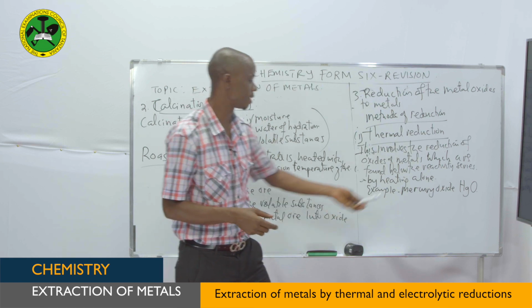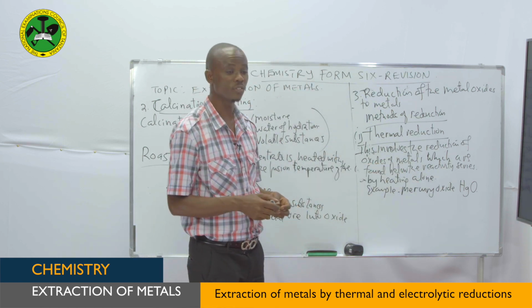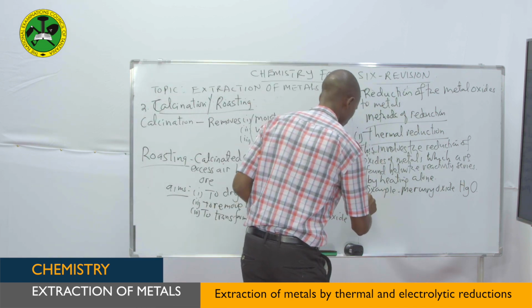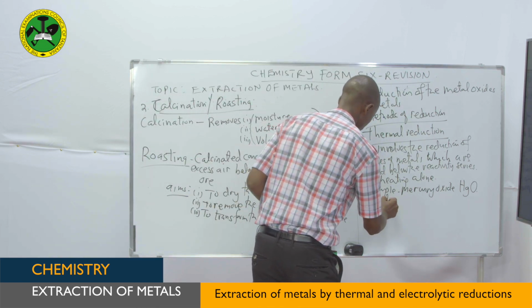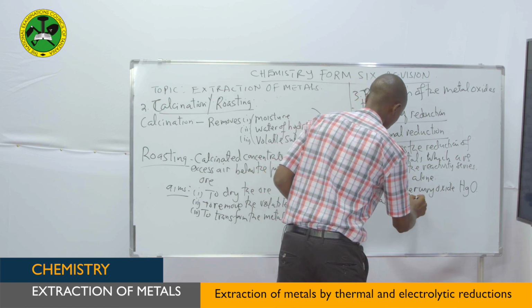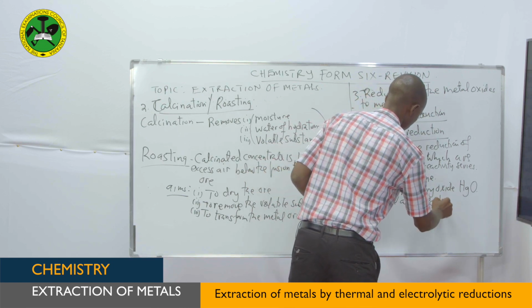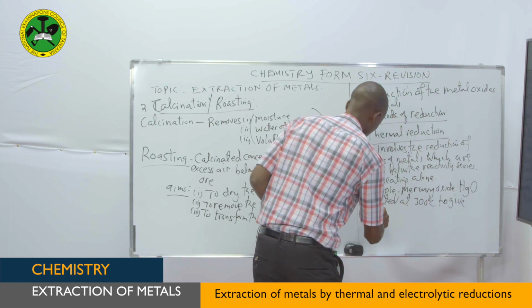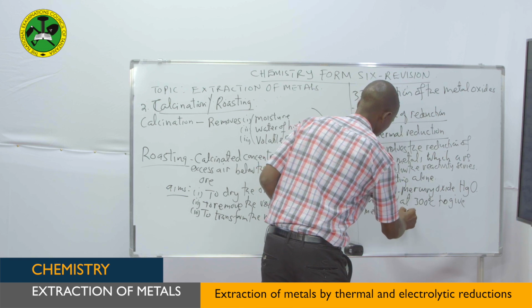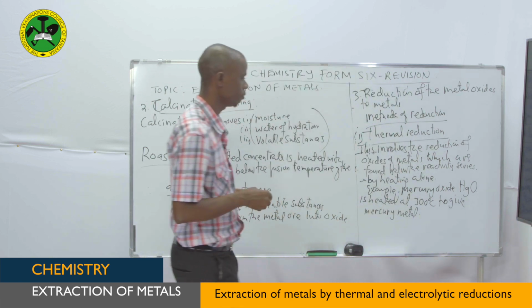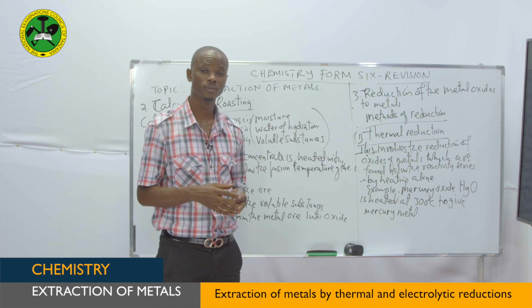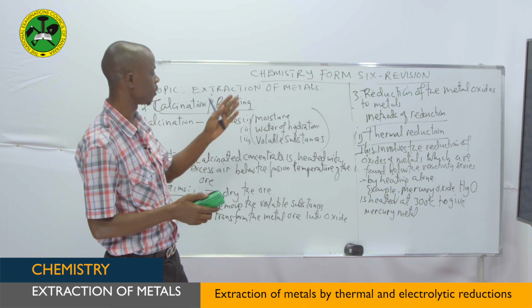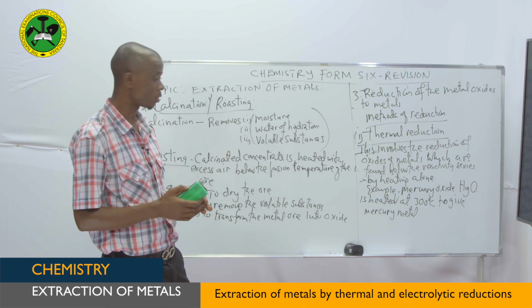When mercury oxide is heated at 300 degrees Celsius, we get mercury metal. That is thermoreduction, one of the ways of reducing metal oxides.